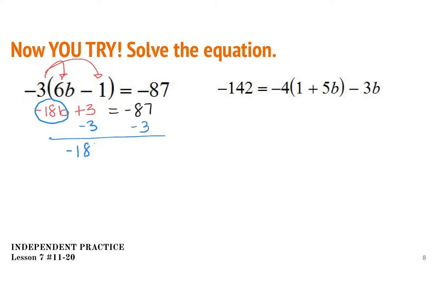So negative 18b is equal to negative 90. Then I want to isolate variable by undoing multiplication. So I will divide by negative 18. This leaves me with just a giant 1b, or just b. And then negative 90 divided by negative 18. So positive 5.